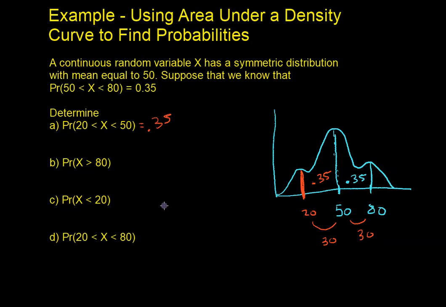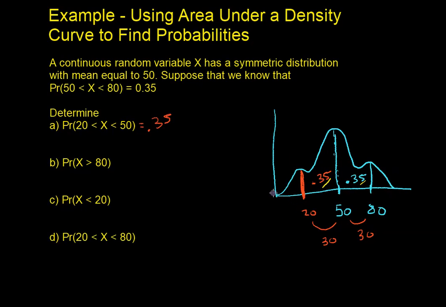Now, what's the probability that x is greater than 80? This is a little trickier. Well, we know this area in the middle, between 20 and 80, is 0.35 plus 0.35, which is 0.7.